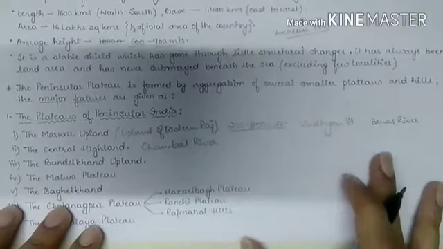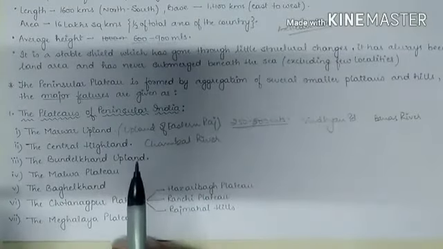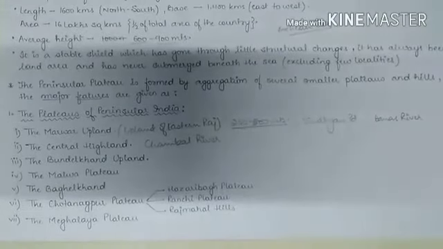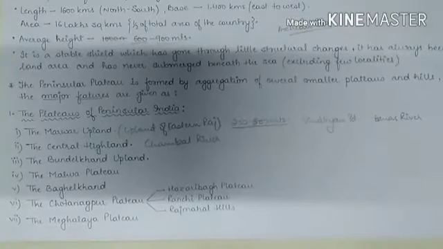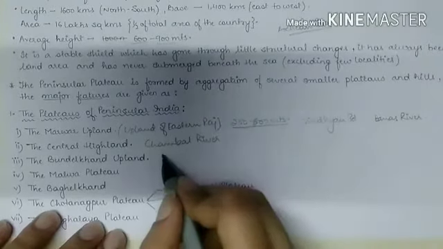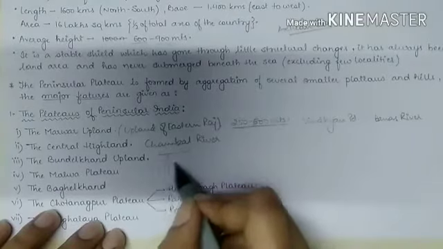Okay. The next we have Bundelkhand upland. Bundelkhand upland lies, sorry, not south of Madhya Bharat, but at the south of Yamuna River between Madhya Bharat and Vindhyan ranges. So this is Yamuna River. Here we have Madhya Bharat plateau, and here we have Vindhyan ranges.